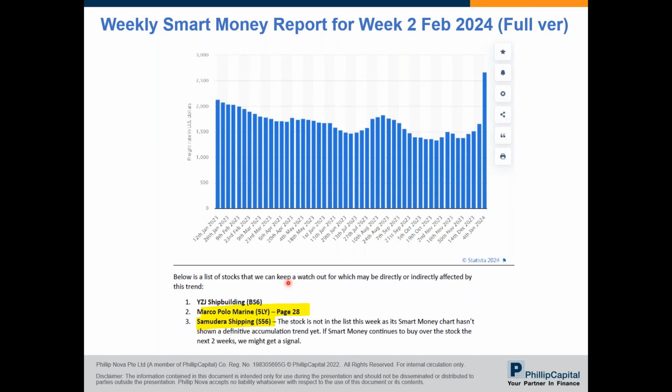And secondly, on the smart money chart as well, there isn't a clear, definite sign of the direction that the smart money has on this stock. So I'm not really looking at it at the moment, but we're just going to pay some attention to what Marco Polo Marine and also Samudera is doing.